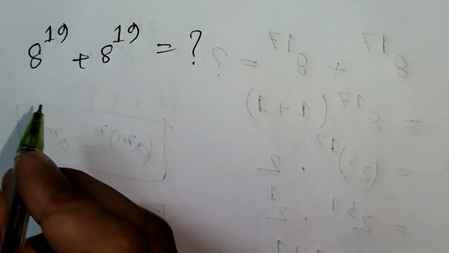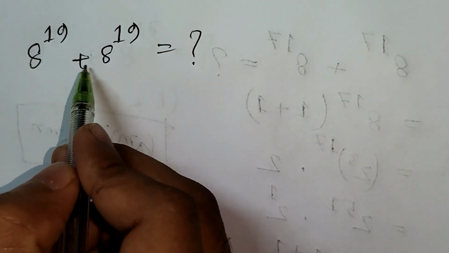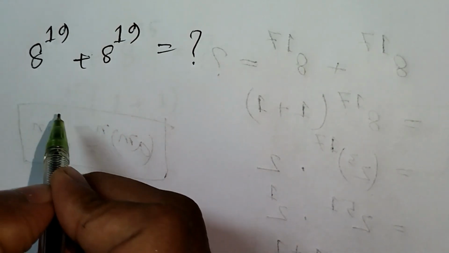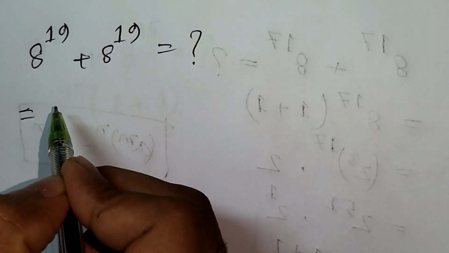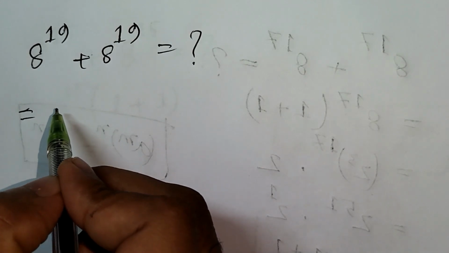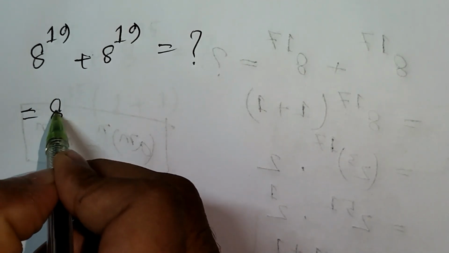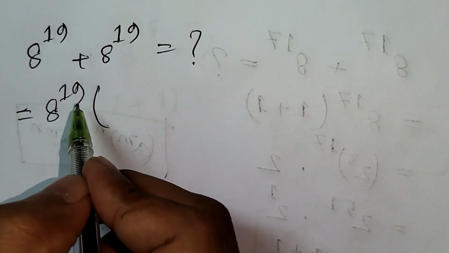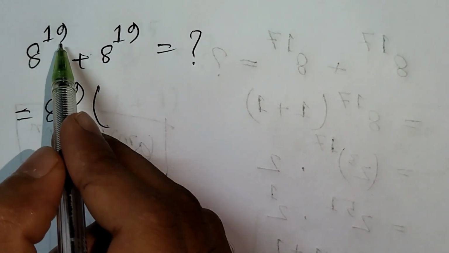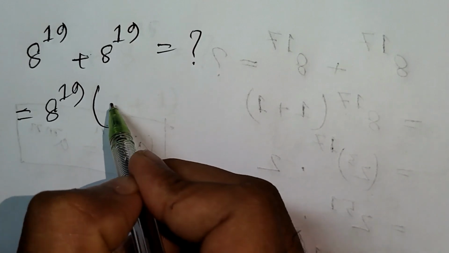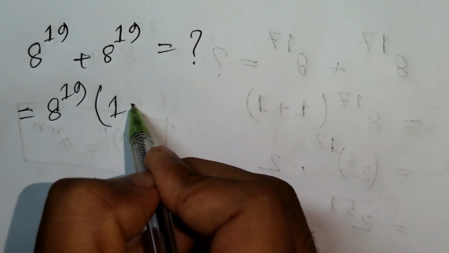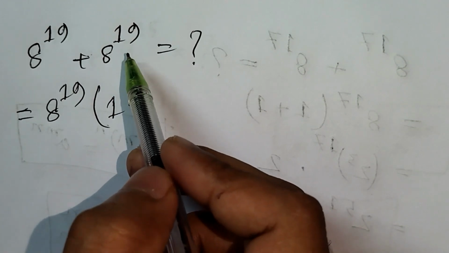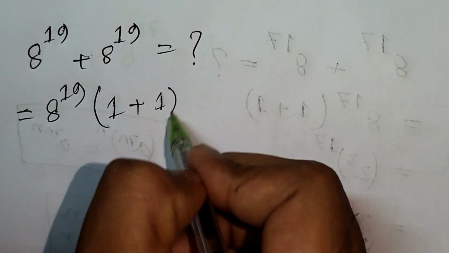How to simplify 8^19 + 8^19, what is it equal to? At first, we take common 8^19: first bracket, 8^19 divided by 8^19, that means 1, plus 8^19 divided by 8^19, that means 1.